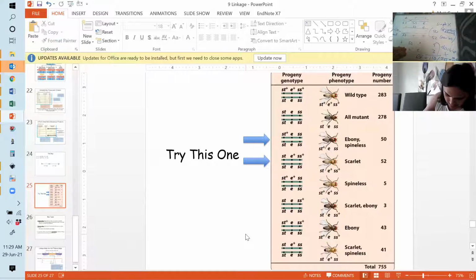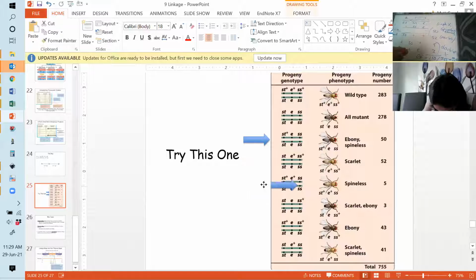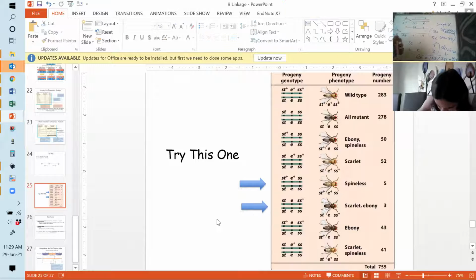And so you look for the pair of reciprocals that have the smallest numbers. And in this case, they are that one and that one. Those are the double crossovers.